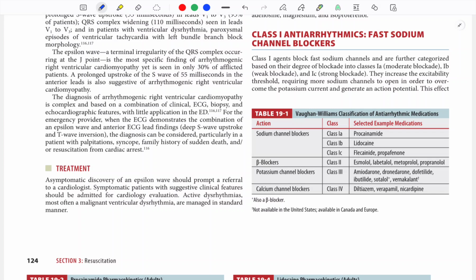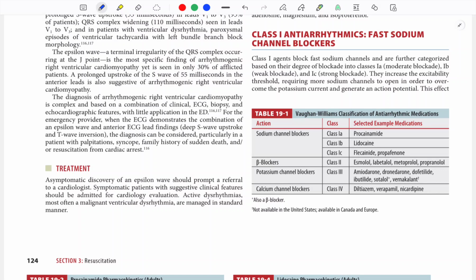Class 1C is flecainide and propafenone. Class 2 is your esmolol, beta blocker, labetalol, metoprolol, except sotalol. Sotalol comes in class 3. AIDS, remember AIDS. Amiodarone, ibutilide, dofetilide and sotalol, and dronedarone you can also remember. Class 4 is your diltiazem, verapamil and nicardipine.